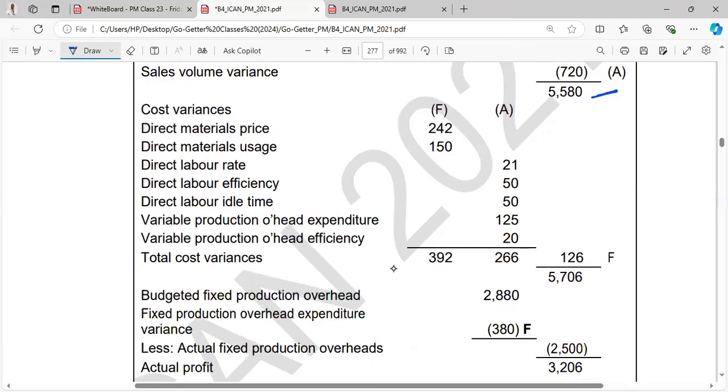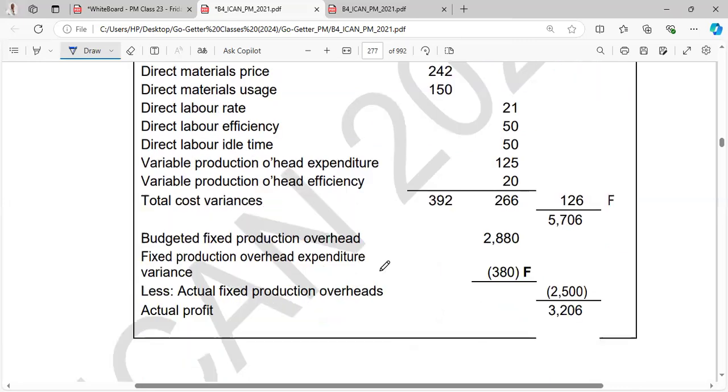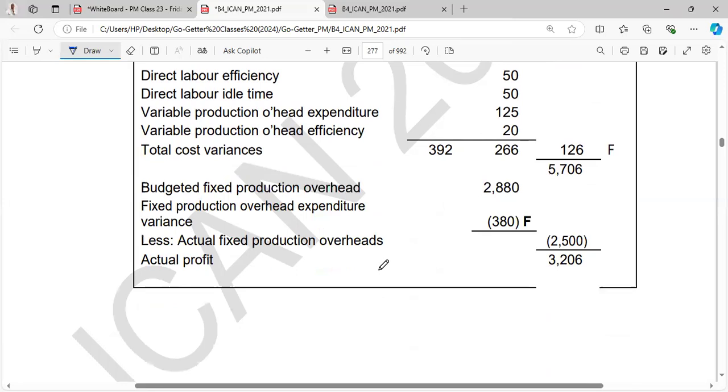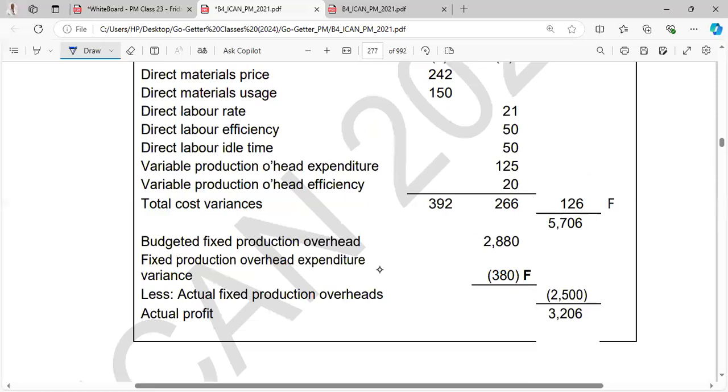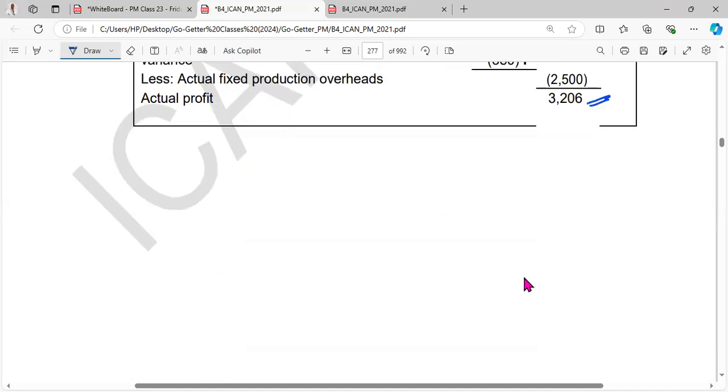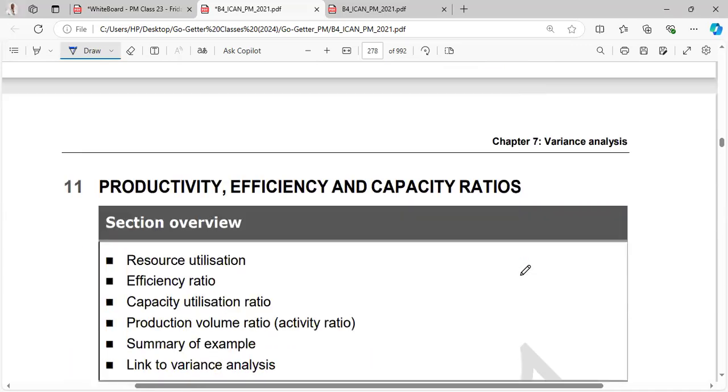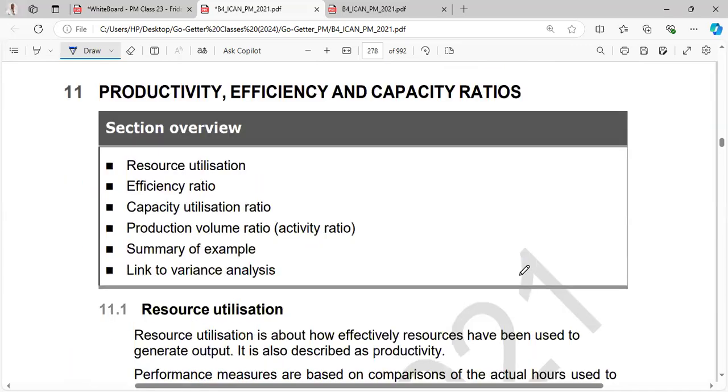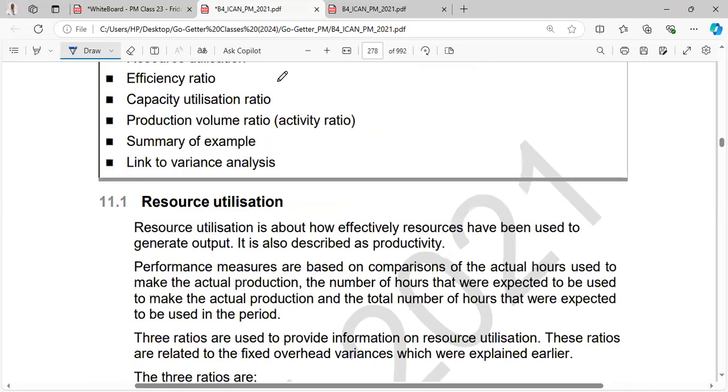And we see that the fixed overhead volume variance is not there. If you want to put it, you can put zero, because it will be missing. It will give you zero. And so the actual profit now happens to be this. So that way it has been reconciled using standard marginal costing.